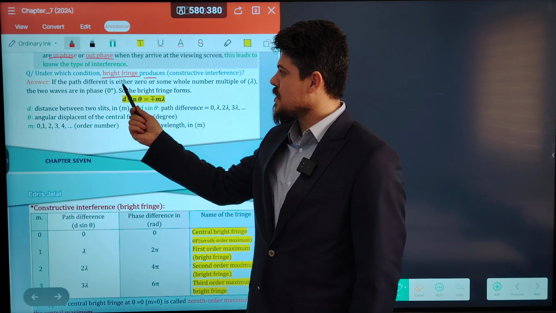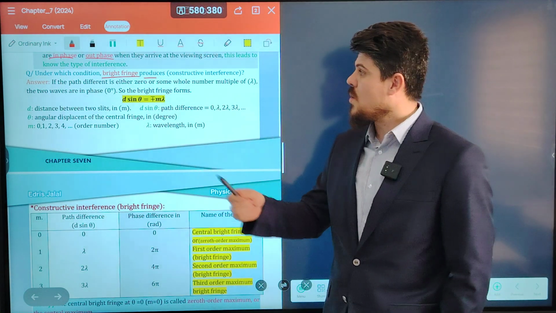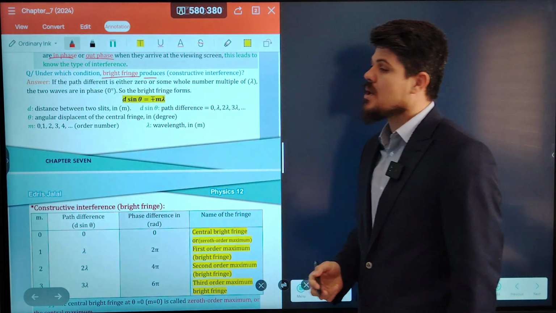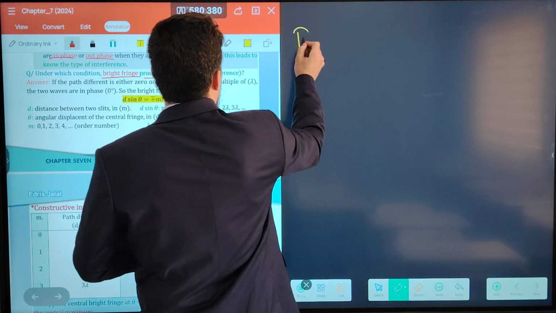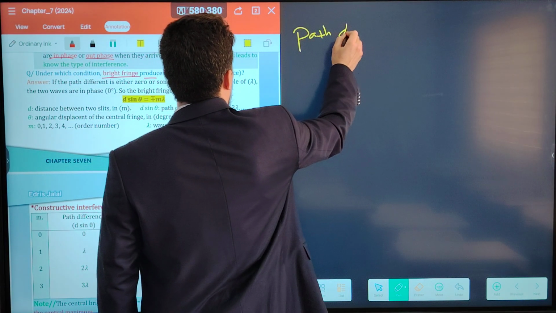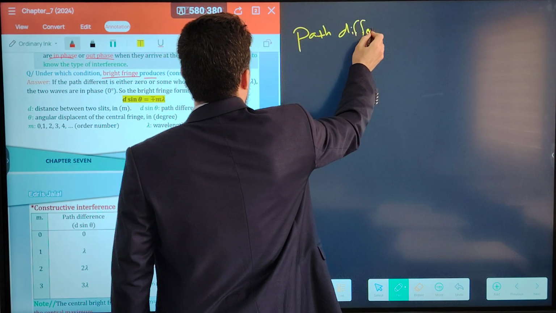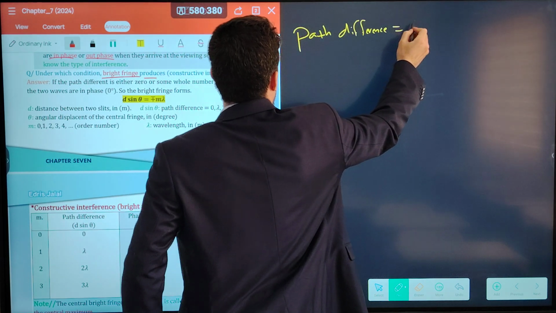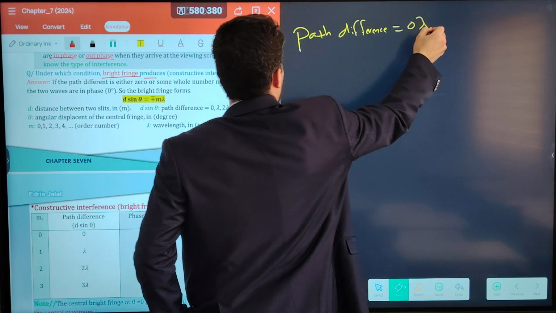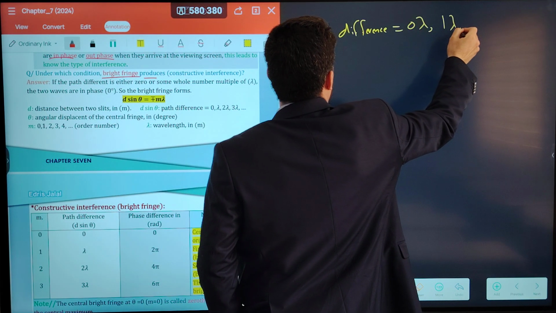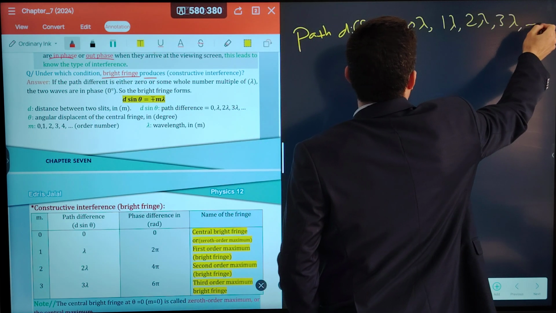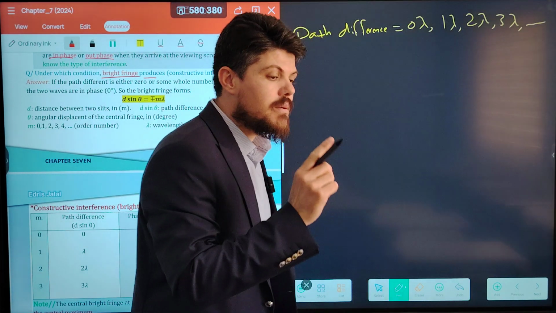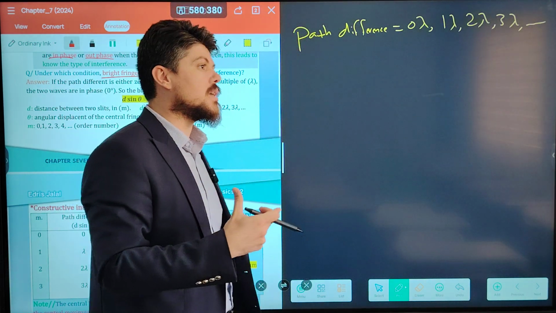If the path difference is either 0 or some whole number multiple of wavelength. When the path difference is equal to 0 wavelength, or 1 wavelength, 2 wavelength, 3 wavelength, a whole number multiplied by wavelength.